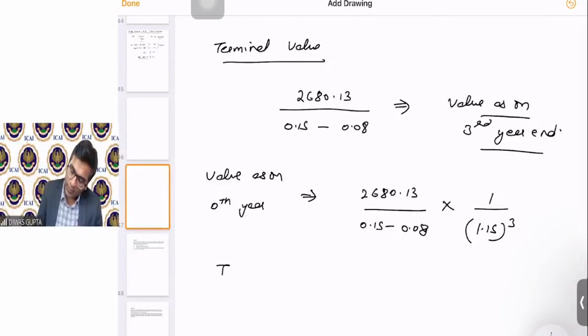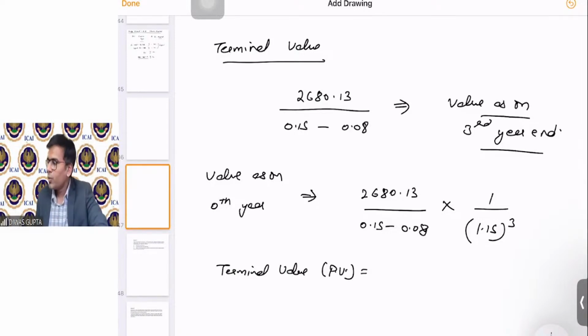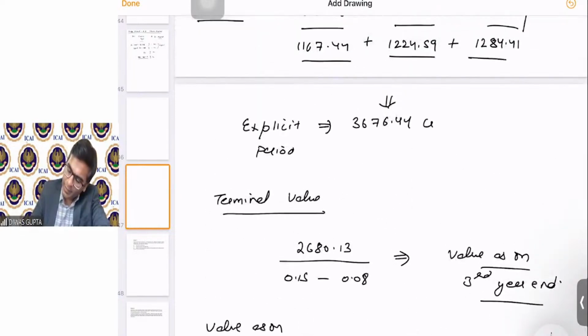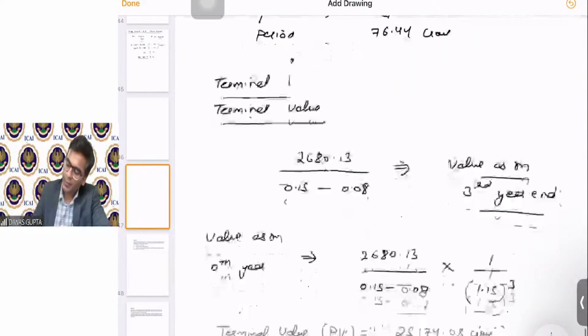Then the terminal value present value comes out to be 25174.08 crores. The explicit period was also in crores.